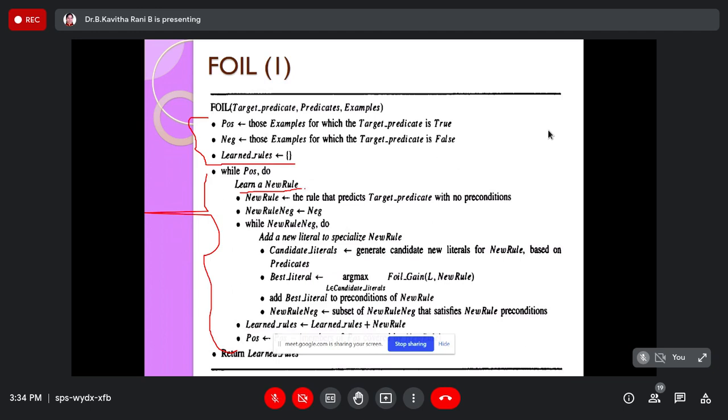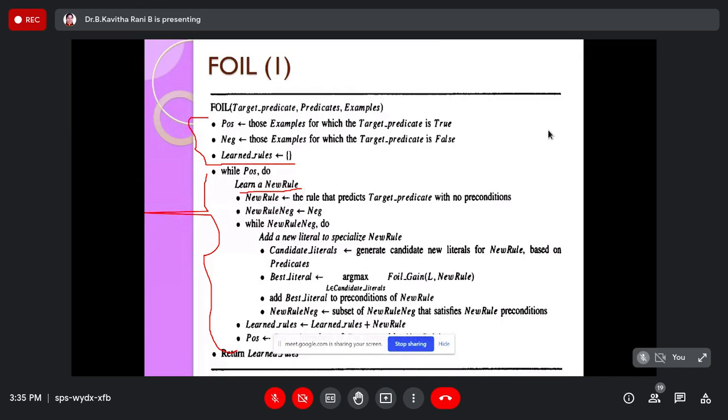Here it learns the rule for which the training example's target concept is true. It considers only the true ones and generates the rule. It follows a search algorithm called hill climbing search.